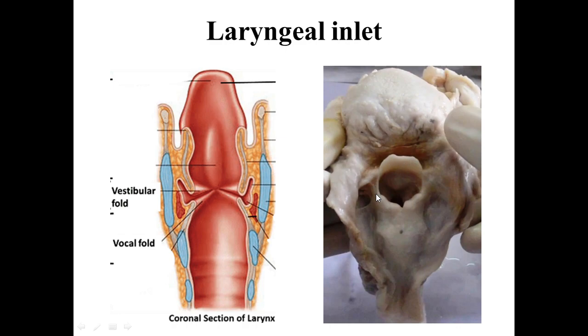The space between the aryepiglottic folds is called the laryngeal inlet, and this laryngeal inlet is bounded anteriorly by the upper border of the epiglottis, posteriorly by the interarytenoid mucosal fold, and on each side by the aryepiglottic fold.